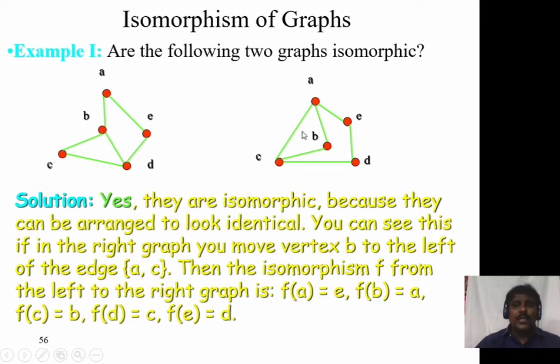If f(A) equals E, then f(B) equals A, f(C) equals B, f(D) equals C, and f(E) equals D. So it has the same properties, and both have the same degrees. So we can easily say that these two graphs are isomorphic.